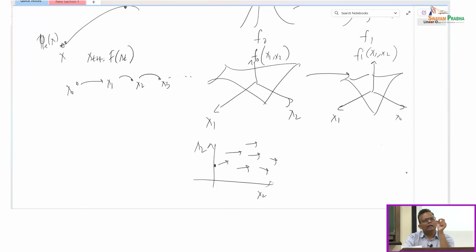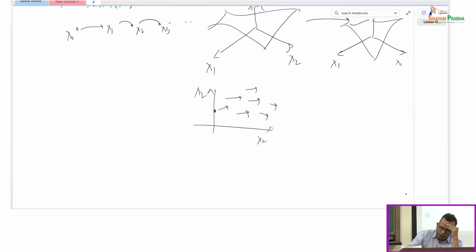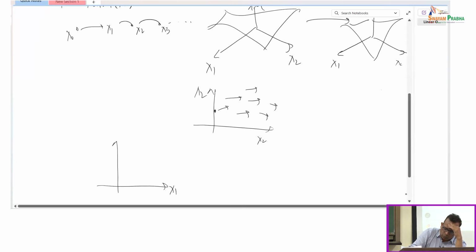But instead of looking at how the particle is evolving, I can ask, what if I actually put a dye, some color dye, in this fluid? So if I want to visualize it, again I have this two-dimensional plane, x1, x2. There is an underlying flow field.